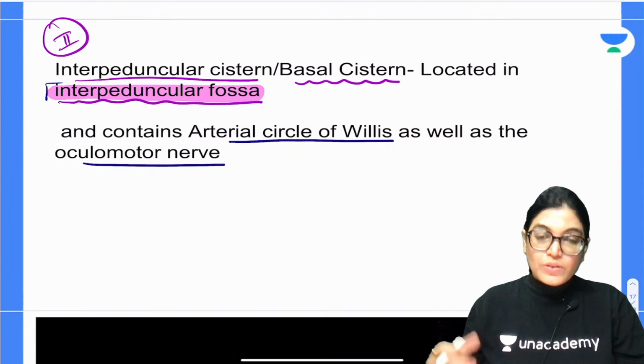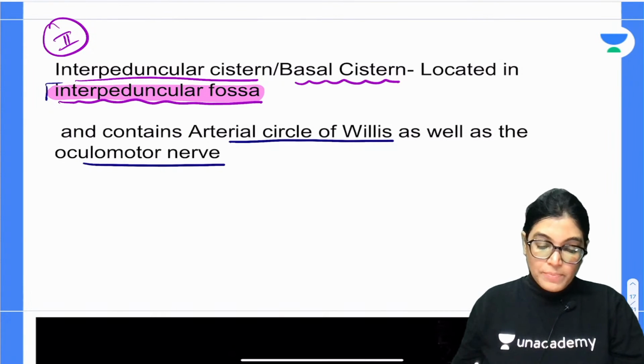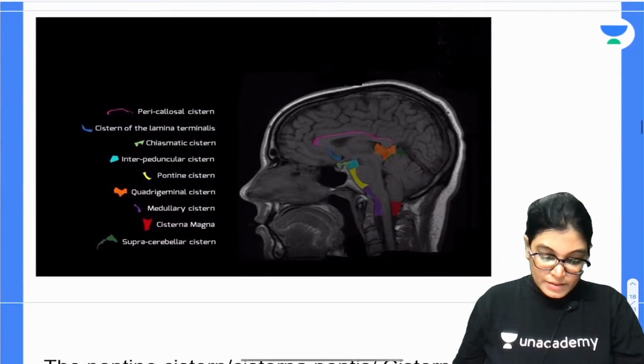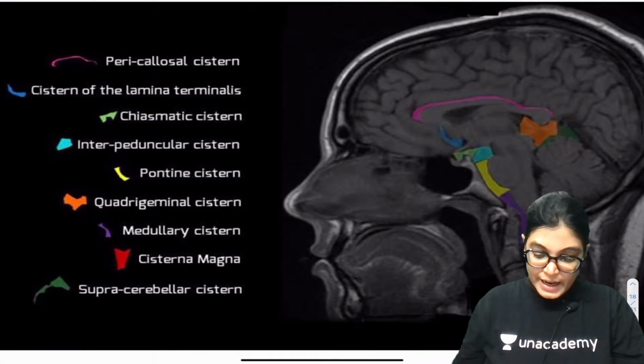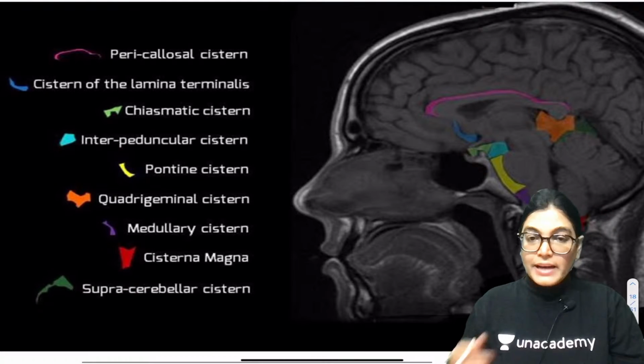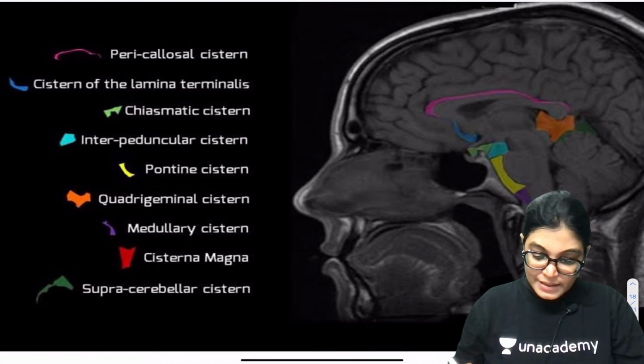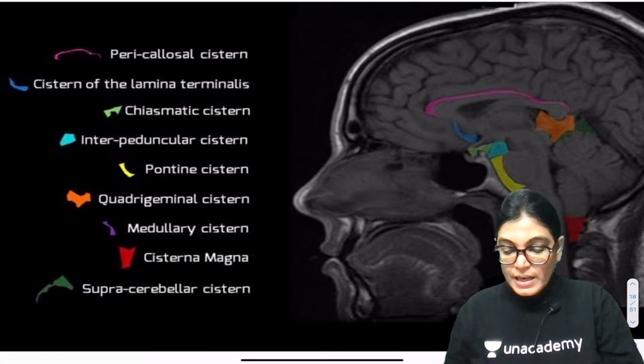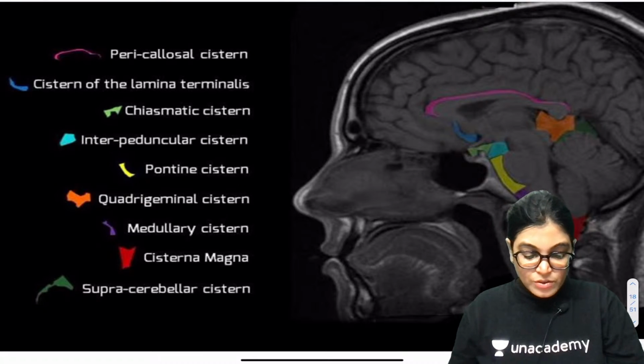Now I would like to show you the location of the interpeduncular system. Let me again highlight this diagram. The interpeduncular system is shown in light blue.